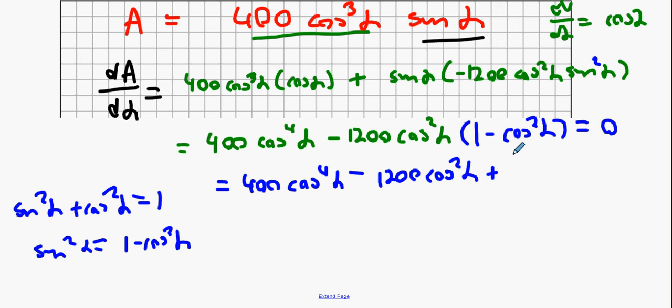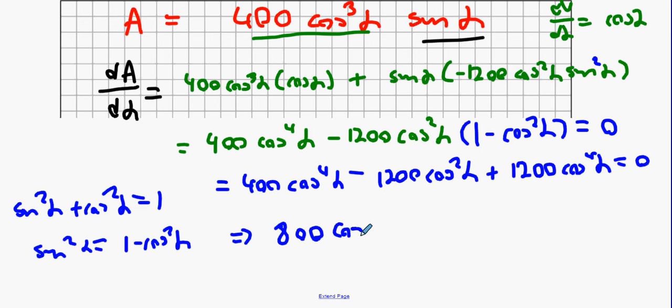Okay, so plus 1200 cos 4 alpha. Alright, I think we're in business now, because it's basically the equivalent of 800, is that right? 800 cos 4 alpha minus 1200.